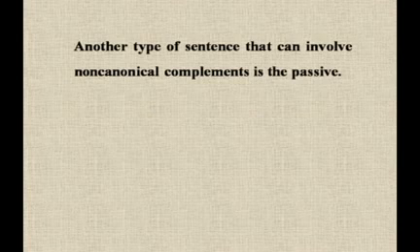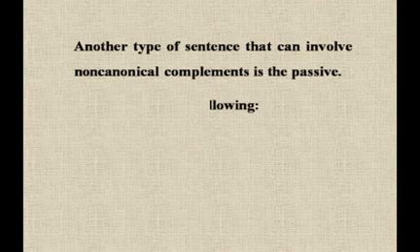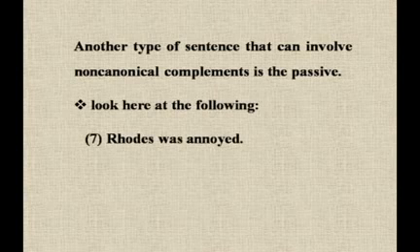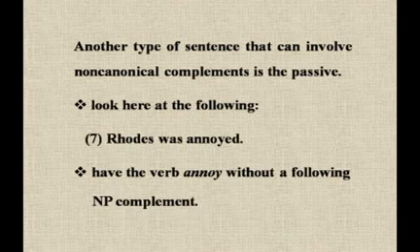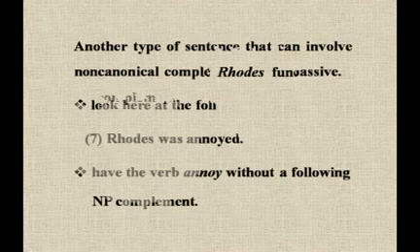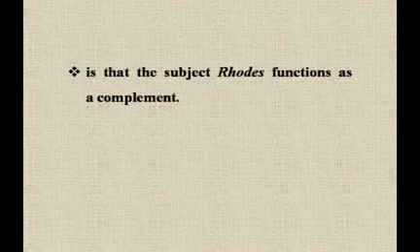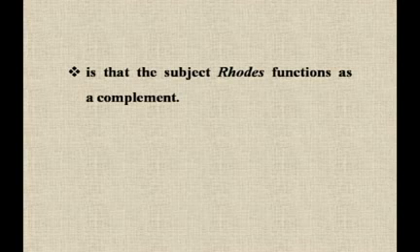Another type of sentence that can involve non-canonical complements is a passive. We can look here at the following. 7. Rhodes was unwind. Again, we have the verb unwind without a following NP complement. The obvious explanation for the absence of the complement is that the subject Rhodes functions as a complement.